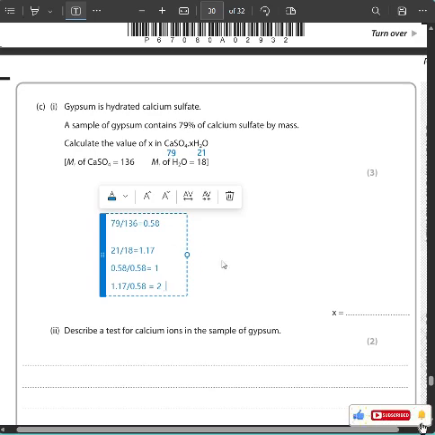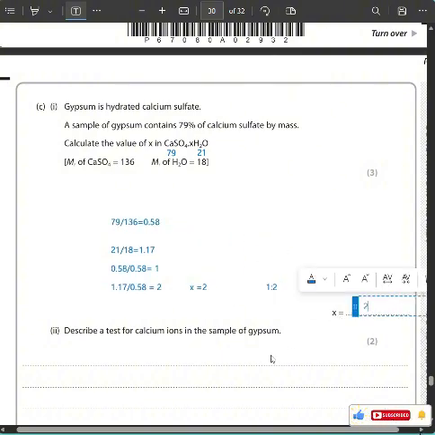As we can see, X equals 2 from the ratio: calcium sulfate to water ratio is 1 to 2, and X equals 2.